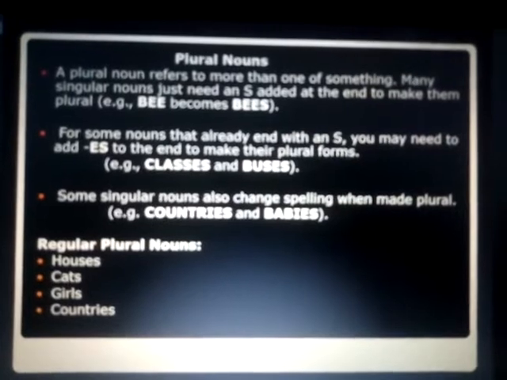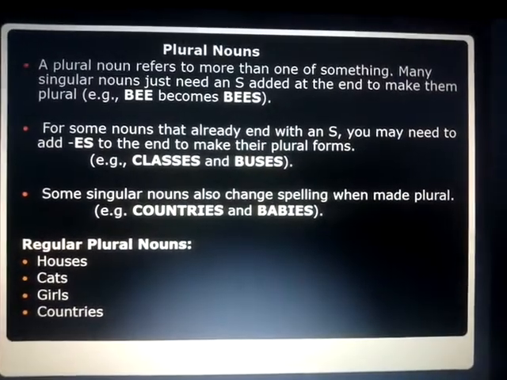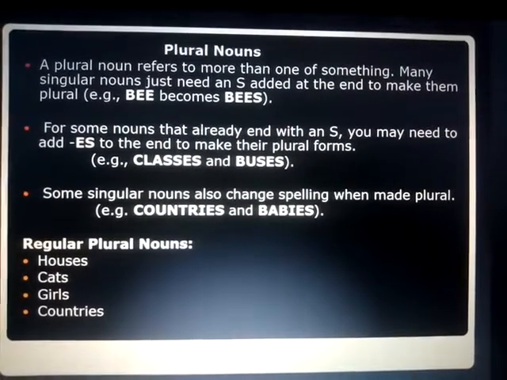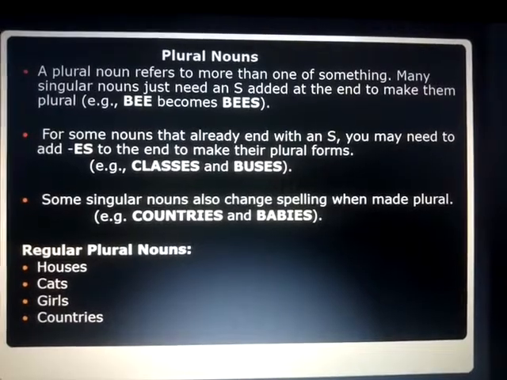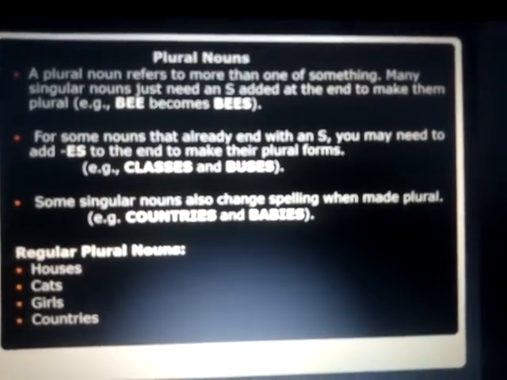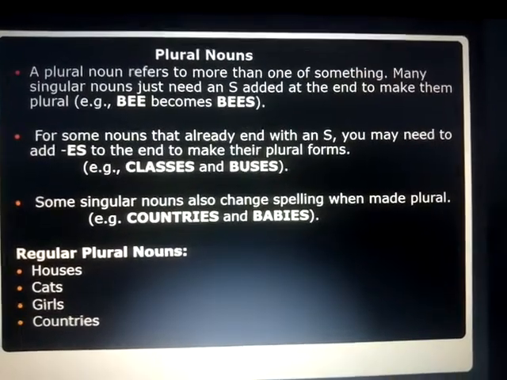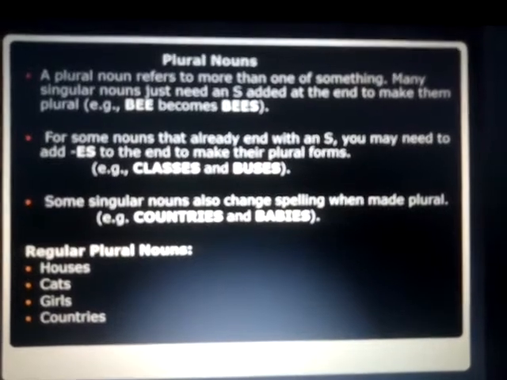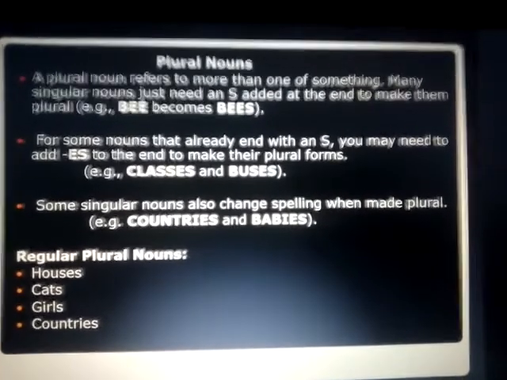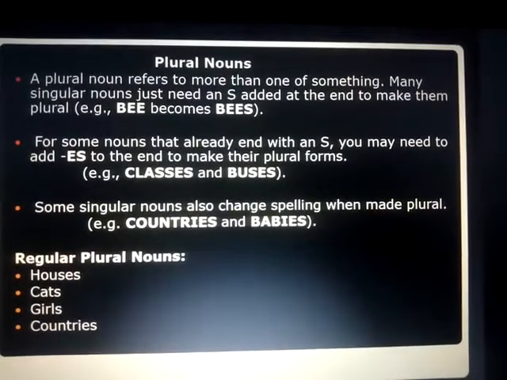Plural nouns. Plural nouns refer to more than one of something. That is indicated by adding s, ies, or ves. Many singular nouns just need an s added at the end to make them plural.